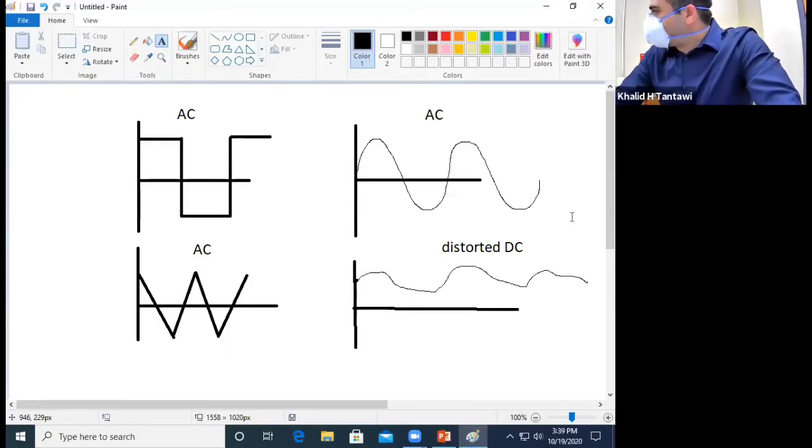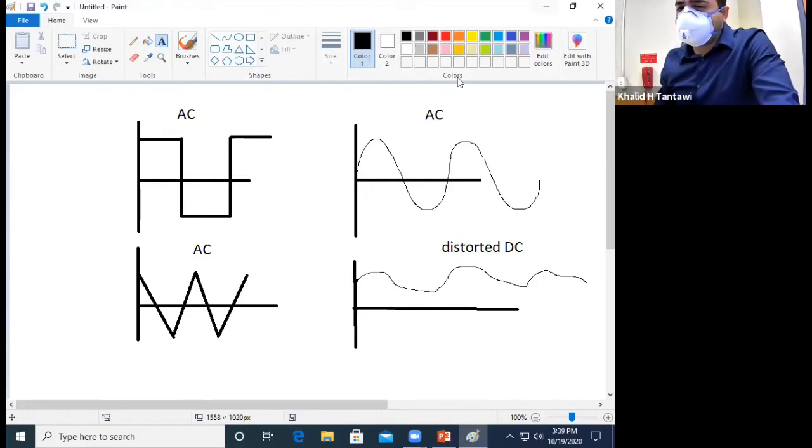Now the question is, since these are all AC, why is the sinusoid the one that you see all the time? Why don't they use the easy one?